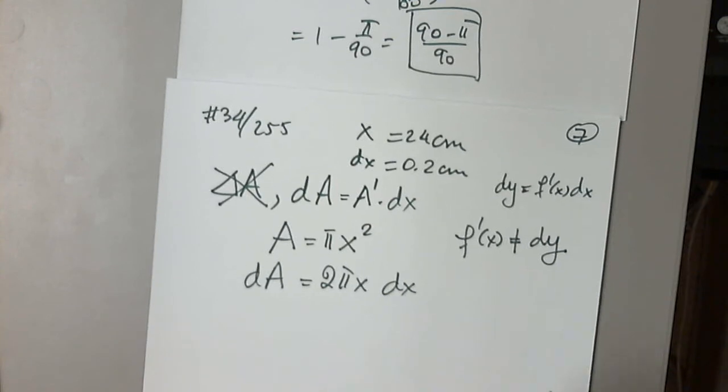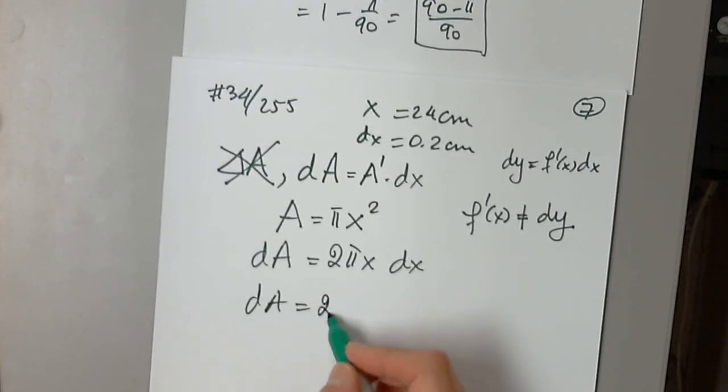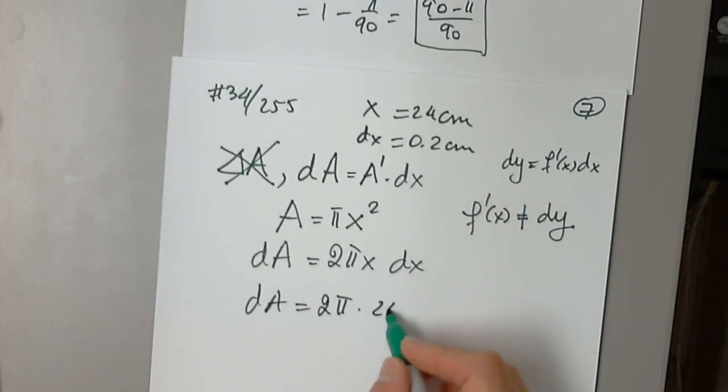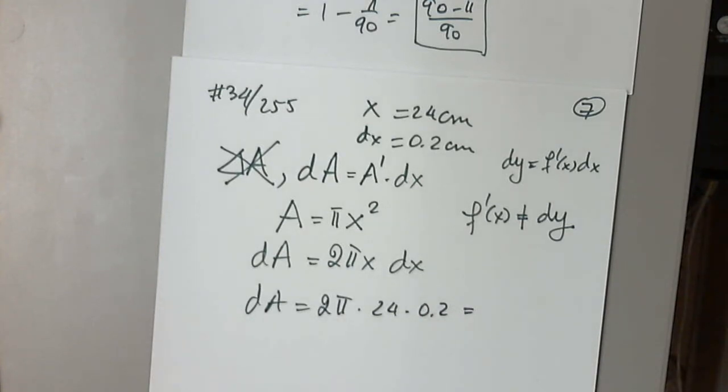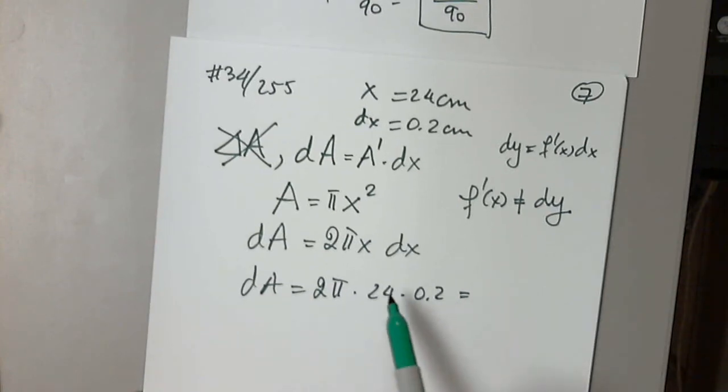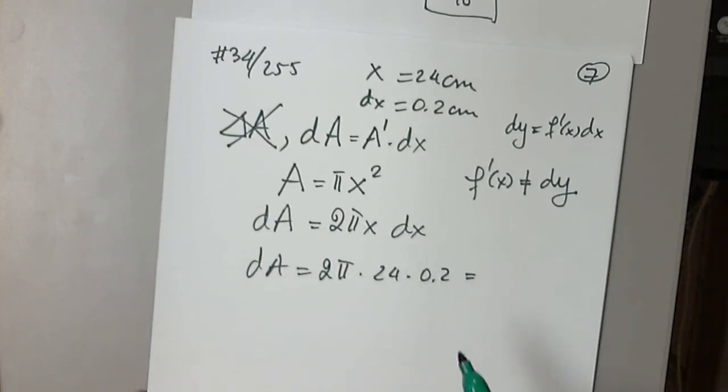Good. So all I have to do now, write dA equals 2 pi times x, which is 24, times 0.2, and I'm done. So this is the maximum error, estimated error in the area, triggered by 0.2 error in the radius of the disk. What is the measurement unit? So you're going to give me this number. If you want to keep it exact, do not multiply by pi.